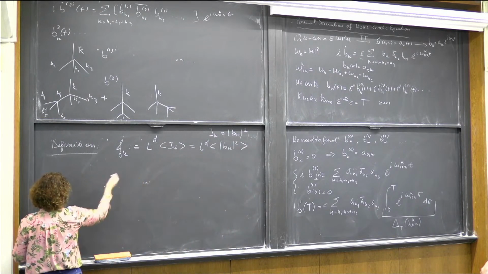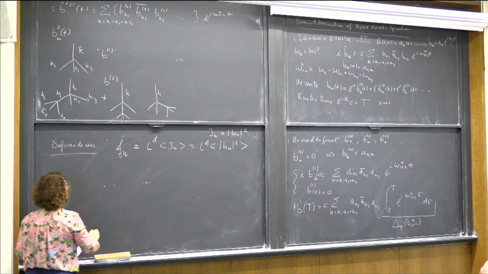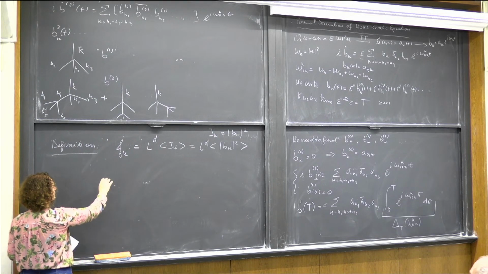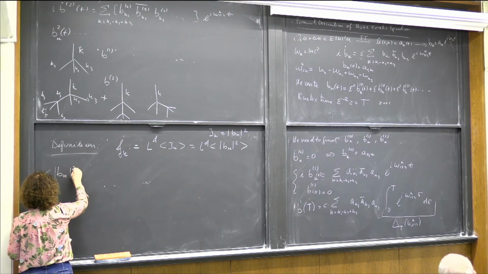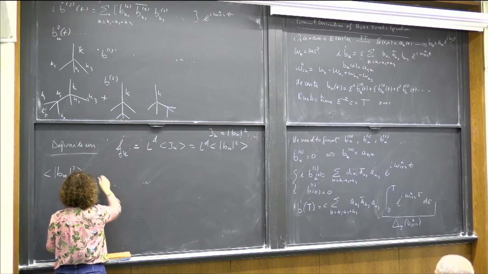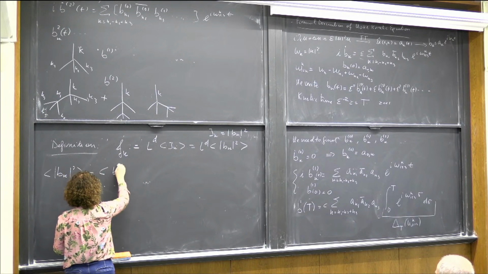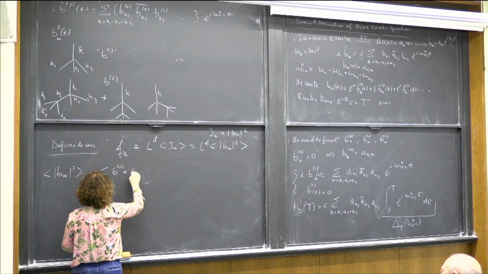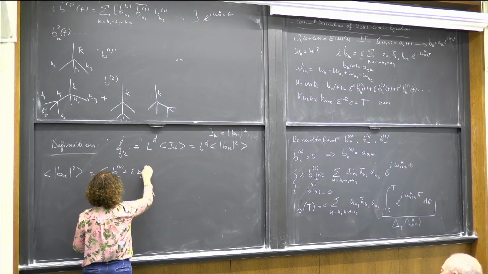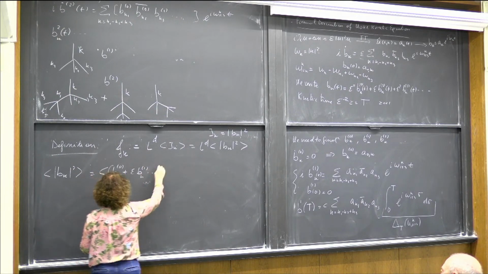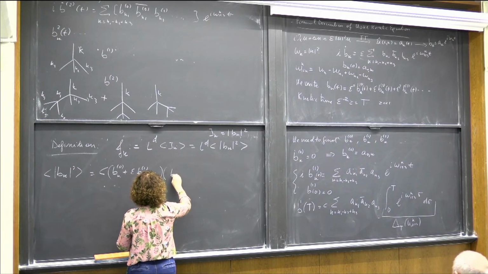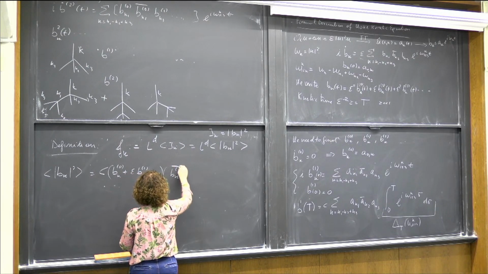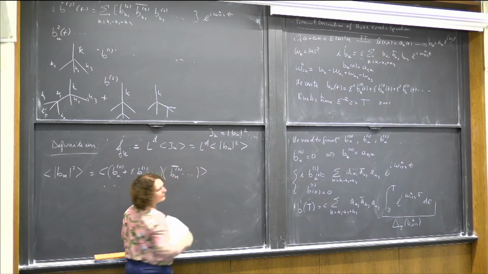So now, when you write it down, forget the L to the D for a second. Let's try to write this down. And of course you have B0 plus epsilon B1 and so on, and you have to multiply with the bar of the other one. Okay.